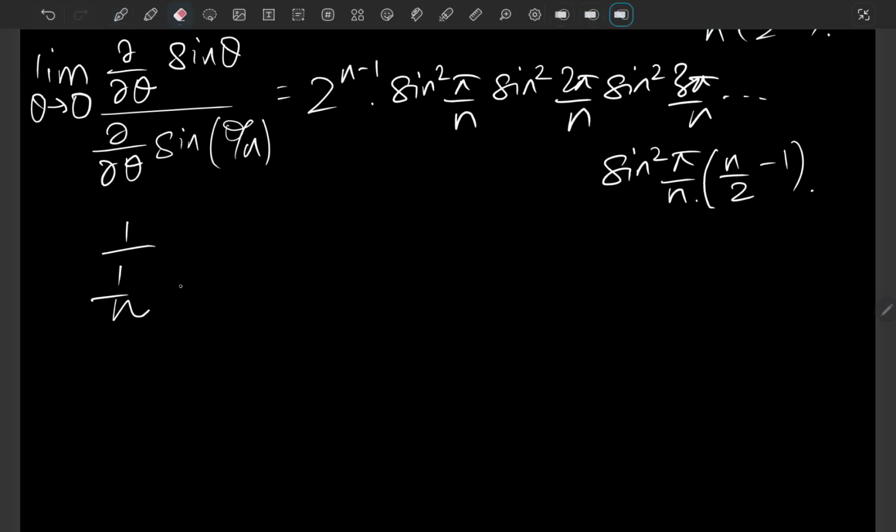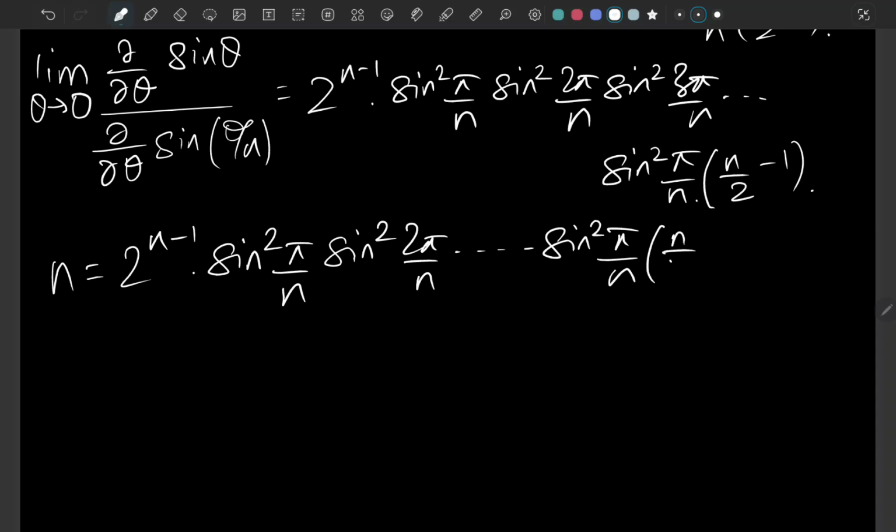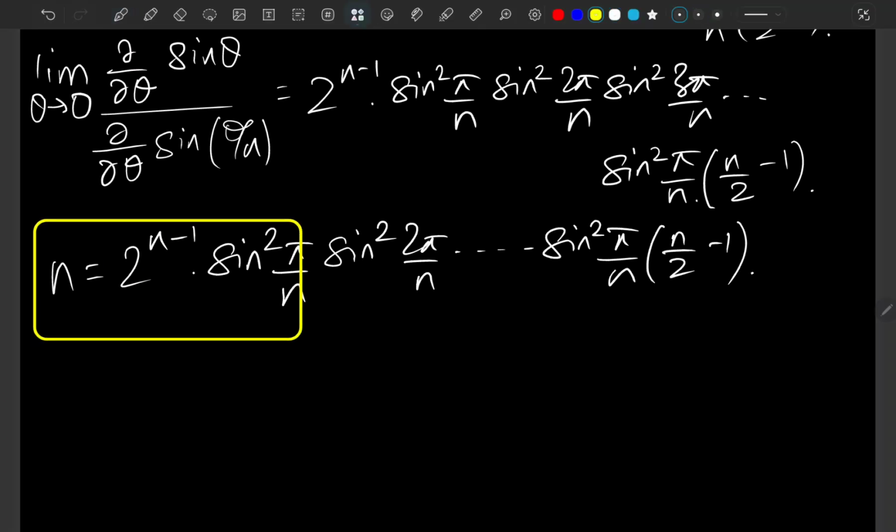So basically n comes out, to be 2 to the n minus 1 sine squared pi over n times sine squared 2 pi over n, dot dot dot, up to sine squared of pi over n times n over 2 minus 1. Oh my god, that's really amazing result here.